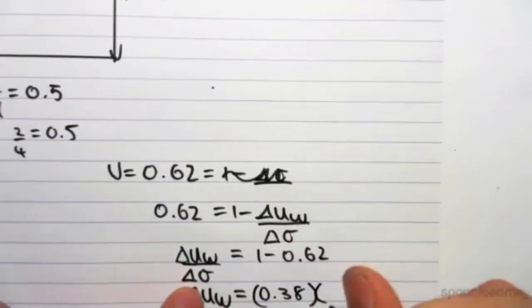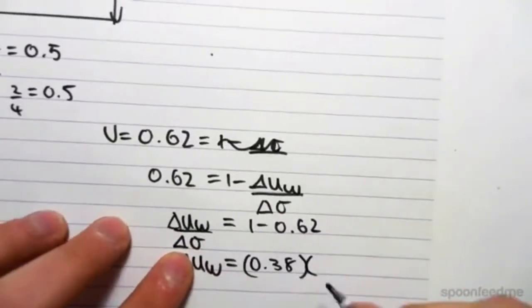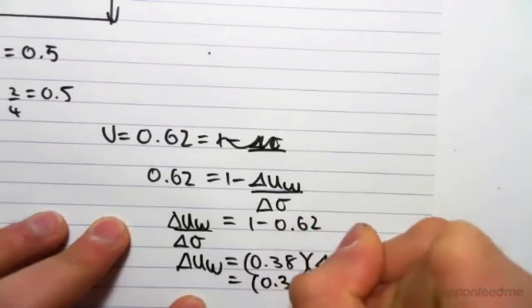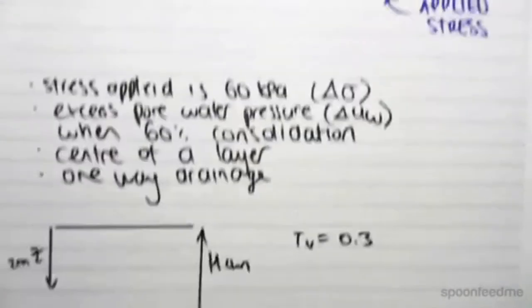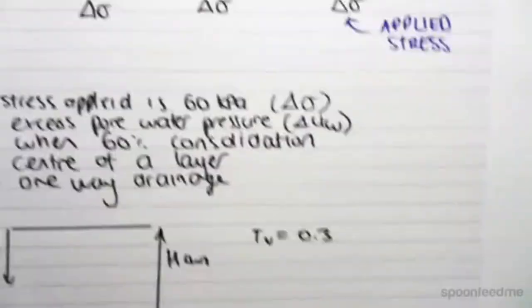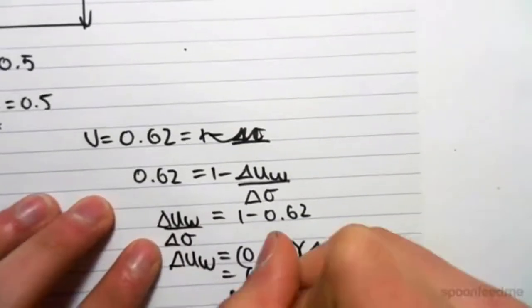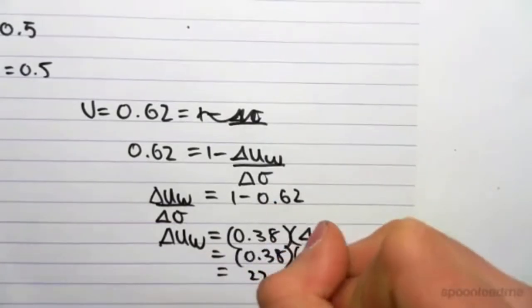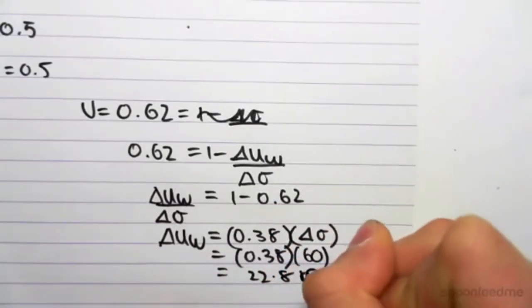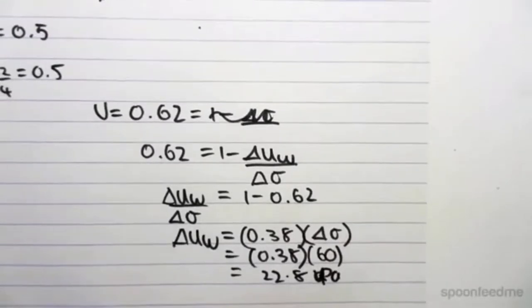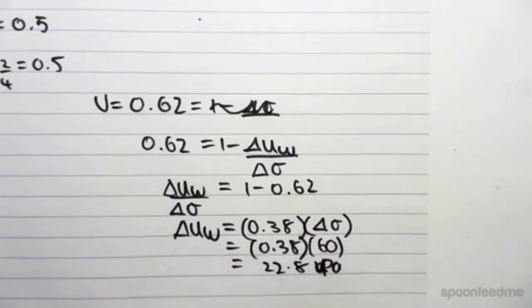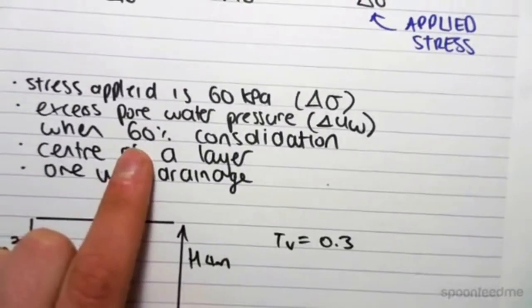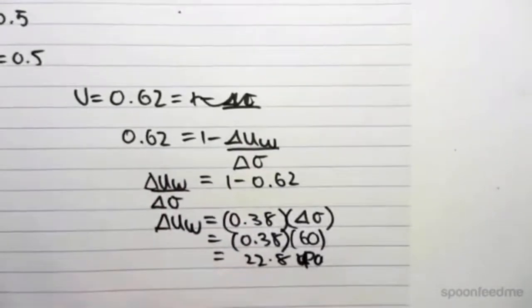We then multiply that by the change in the stress applied. The question said we applied a stress of 60 kPa, so 0.38 times 60, we get 22.8 kPa. Okay, so we've now found that the excess pore water pressure at a point when we have 60% consolidation is 22.8 kPa.